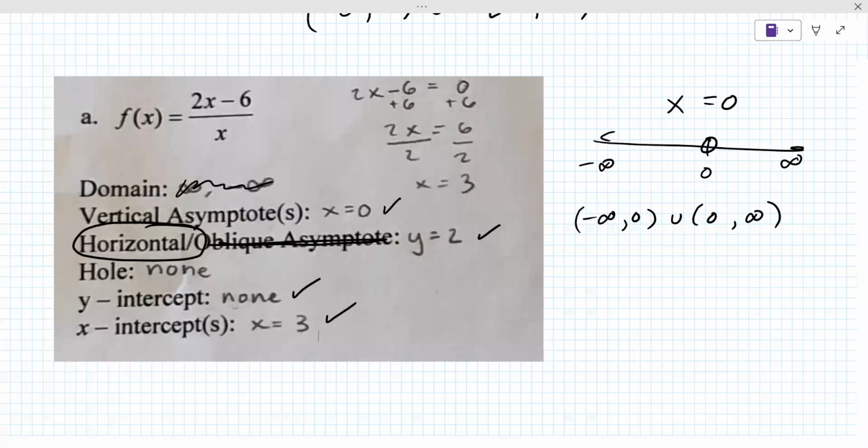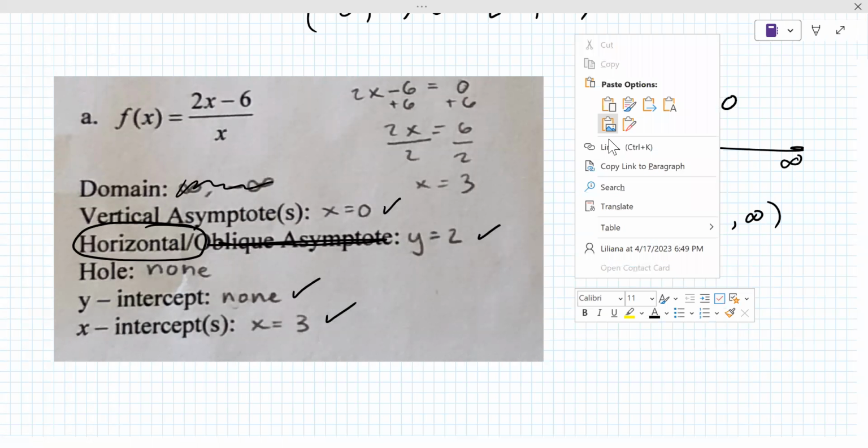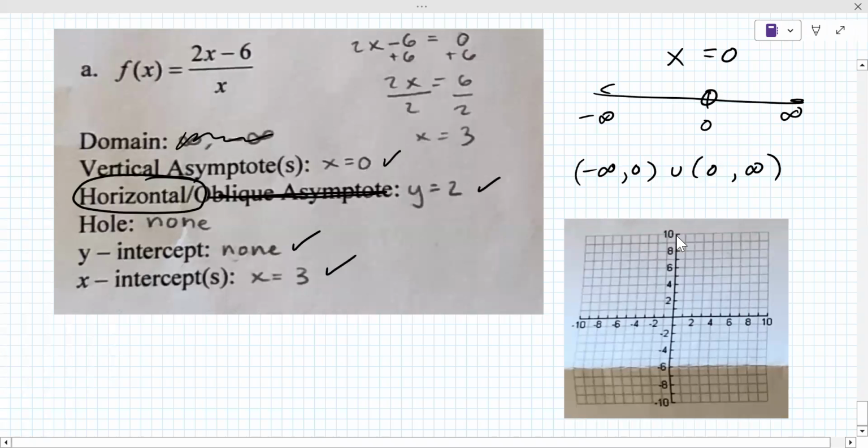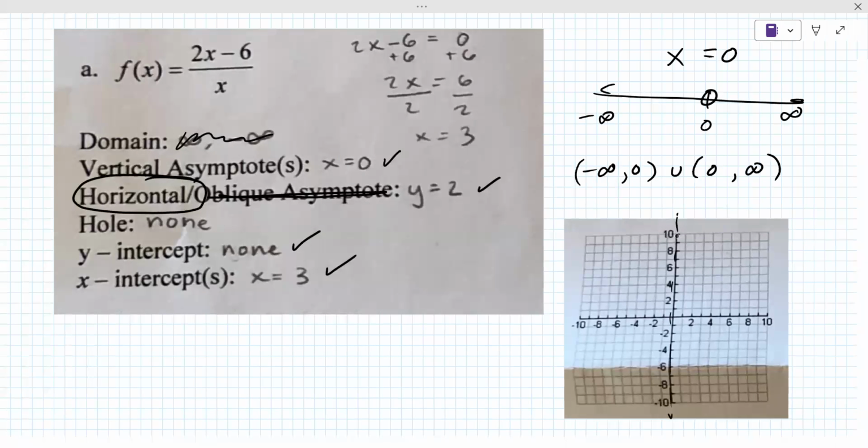Okay. So quick sketch, right? Let's do that here. Grab the snip here of that. That's not what I wanted. That's what I wanted. So vertical asymptote at 0, horizontal asymptote at 2.